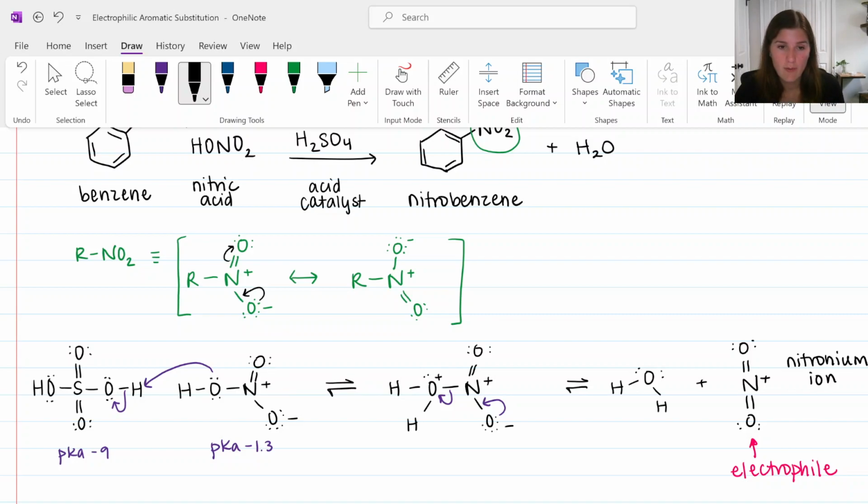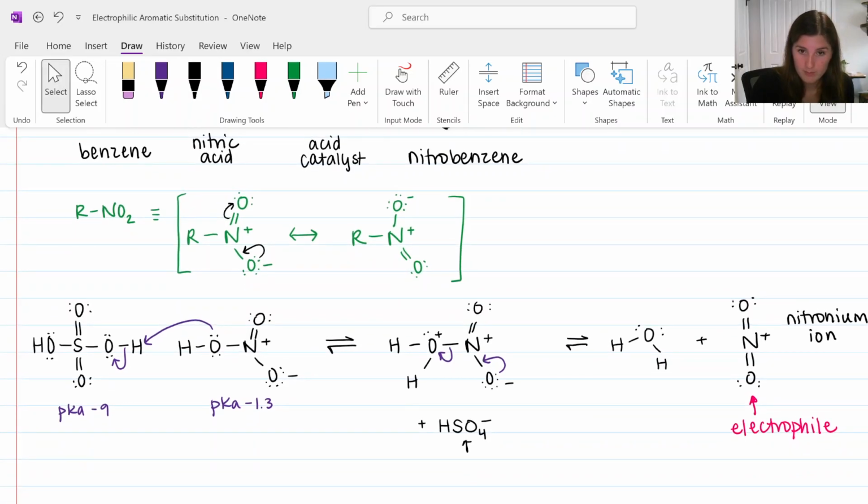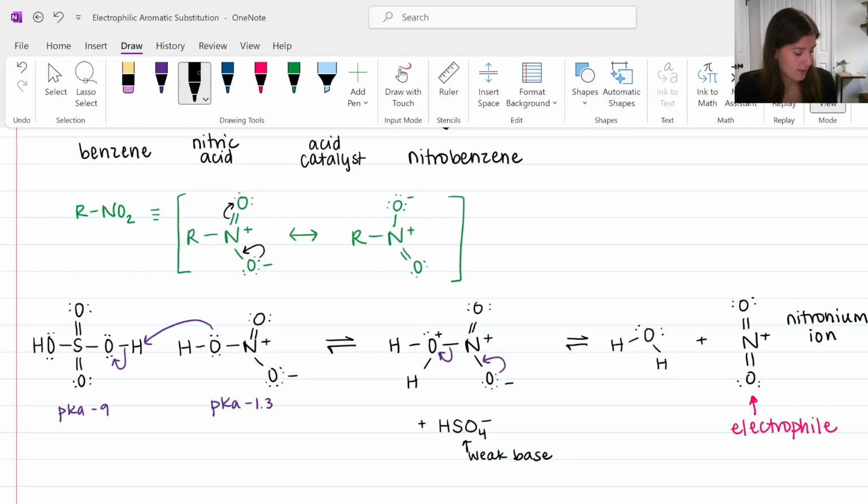Looking back, there's one thing I want to add. After this first step, where we protonate the nitric acid with H2SO4, another byproduct here is HSO4-. This is a weak base. All right, we've generated the electrophile, which is the same first step as the halogenation, which we already talked about.